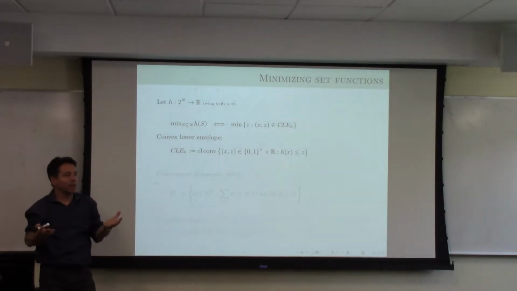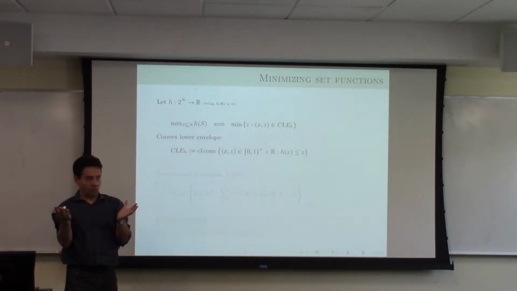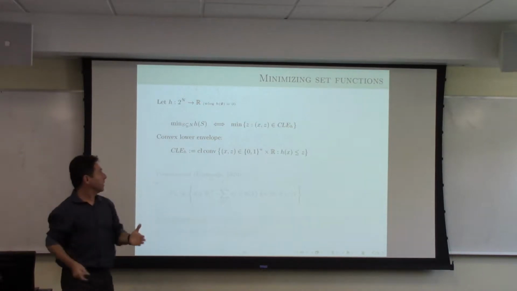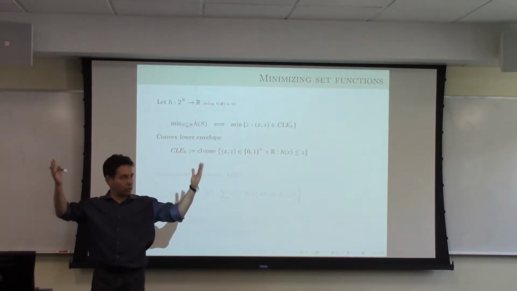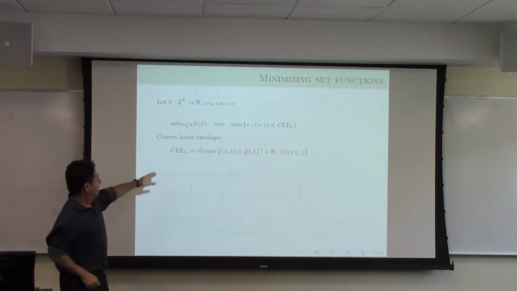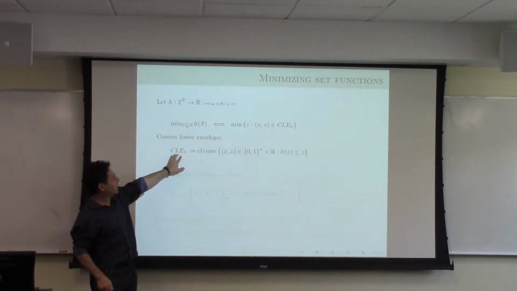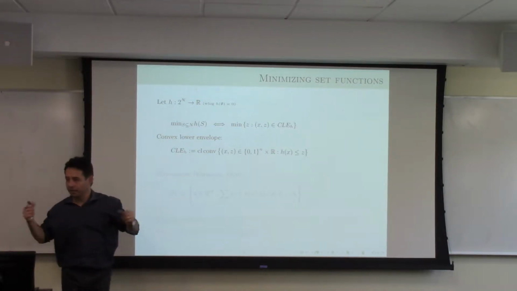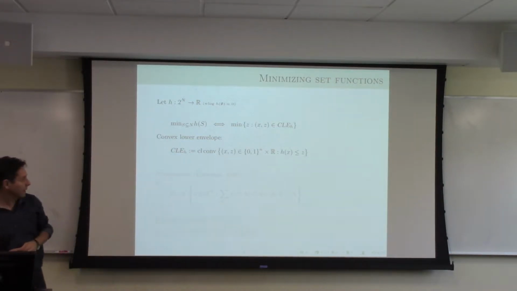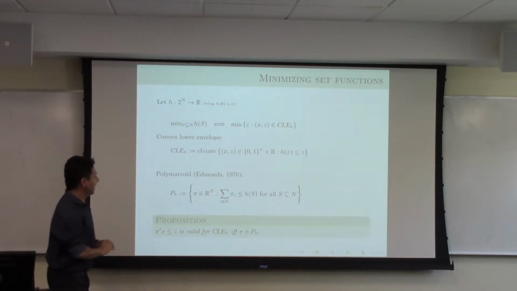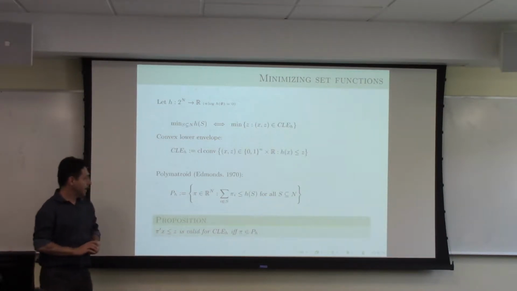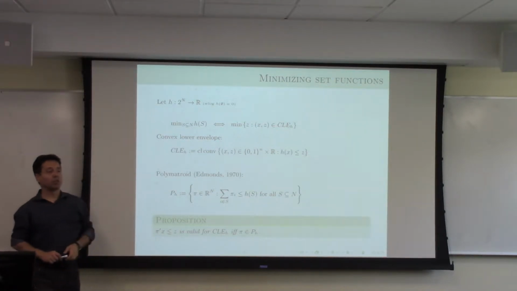If I could find the convex lower envelope of this discrete function, then I could just minimize z and do the optimization over that set. But it is difficult in general to find the convex lower envelope of an arbitrary set function. It is challenging. Now, there is a special case where it is not that challenging, and that is when h is a submodular function.